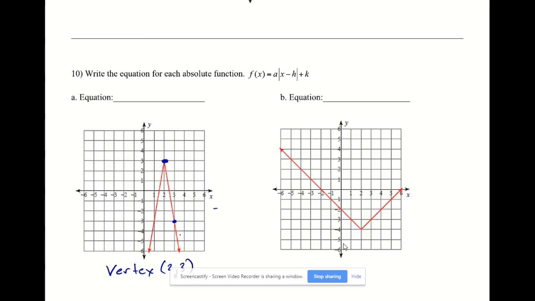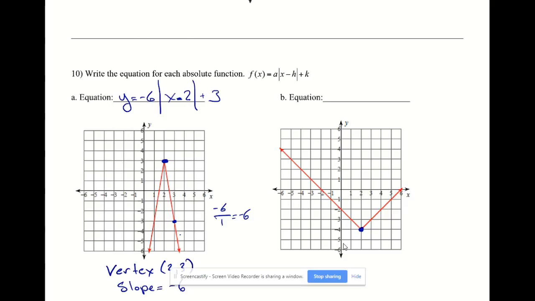So down 6, negative 6 over 1, negative 6. So our slope is negative 6. And now we have everything to write our equation. So y equals negative 6, absolute value, x minus h, which in this case is 2, plus k, so plus 3. And there's our equation.